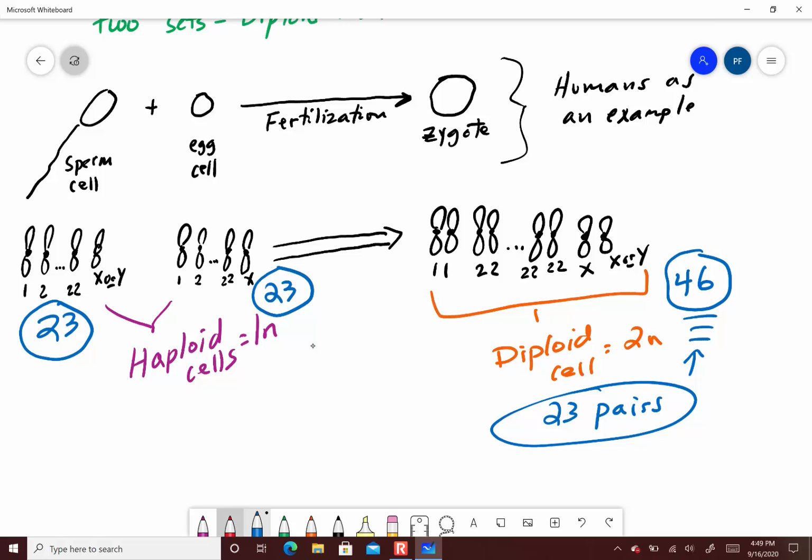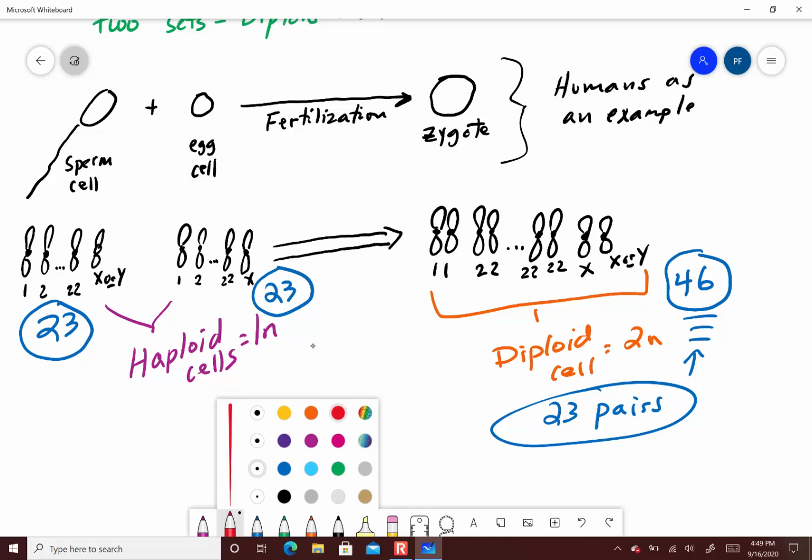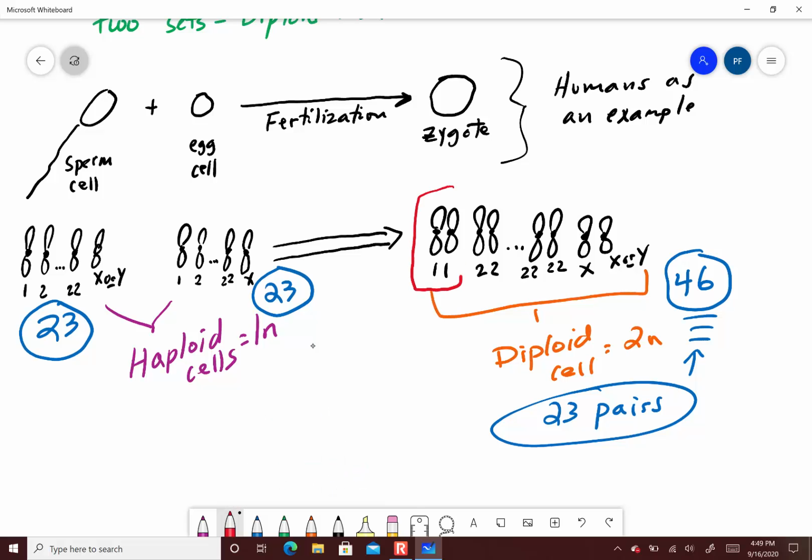Pair is, if we look at our zygote again, the pair is this, right? There's a pair of number ones, there's a pair of number 22s, right? One number 22 came from the sperm, one number 22 came from the egg. Right, and all that together gives us 23 pairs, or these 46 chromosomes in total.